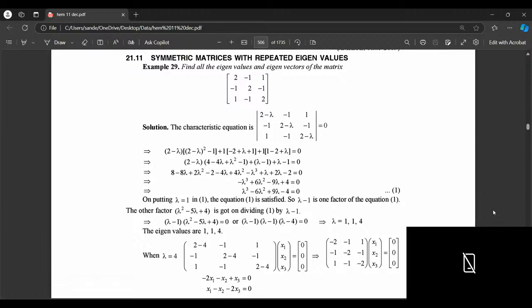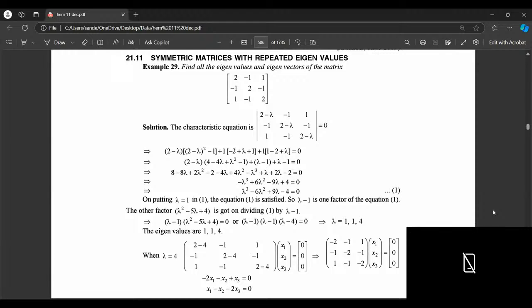Matrix is given: 2 minus 1 1; minus 1 2 minus 1; 1 minus 1 2. Characteristic equation, determinant of A minus lambda I equal to 0. Repeat the same procedure to find eigenvalues.